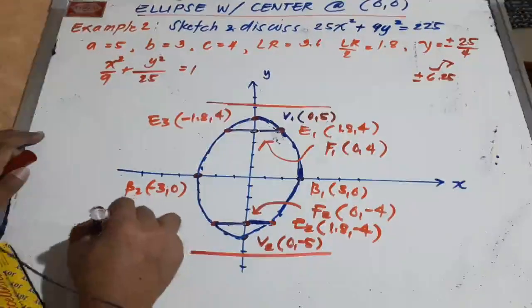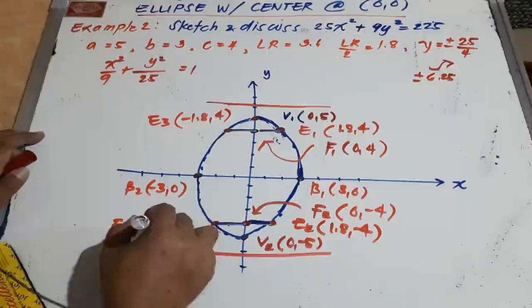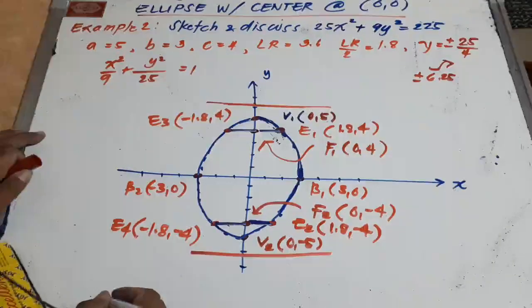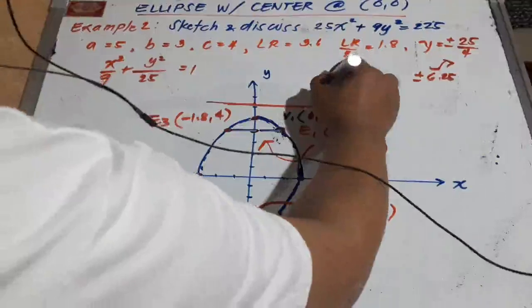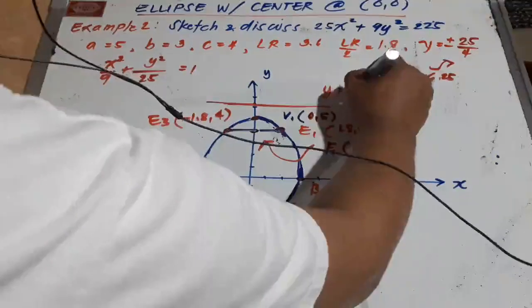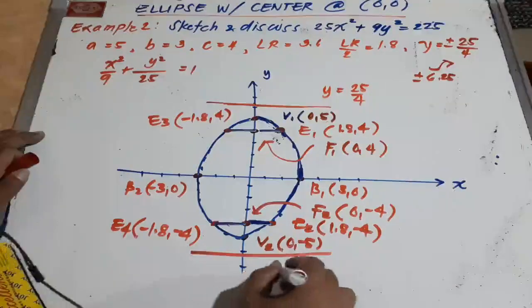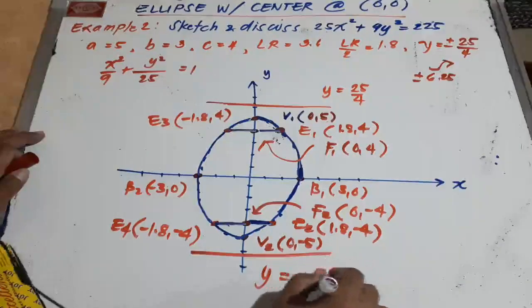E sub 4 here is negative 1.8, comma negative 4. Okay? And the equation of the directrices here on top is y equals 25 over 4. Sa bottom naman, equation of the directrix is negative 25 over 4.